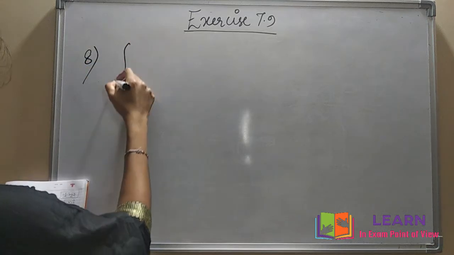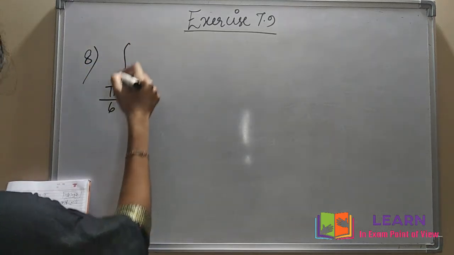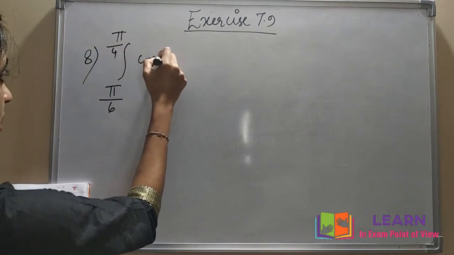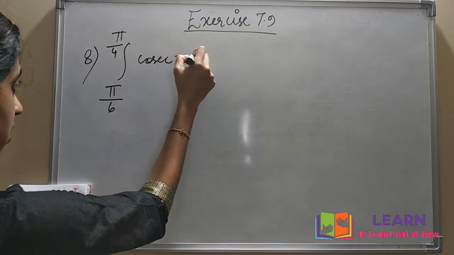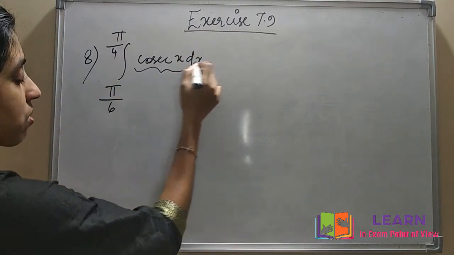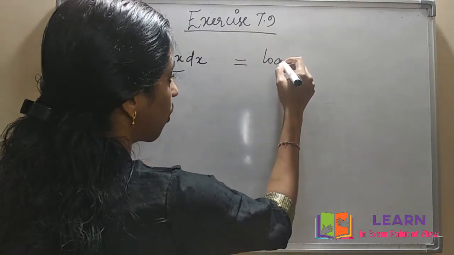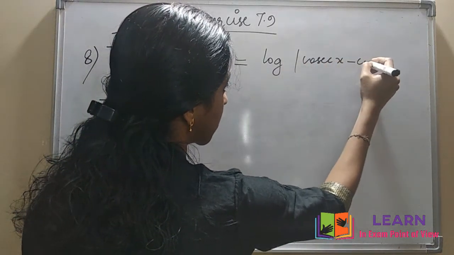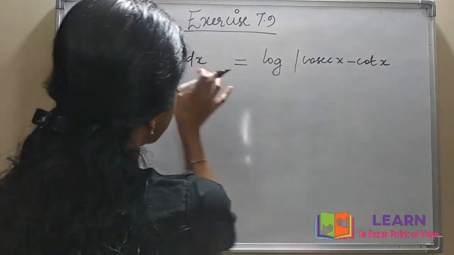Eighth question: integral pi by 6 to pi by 4 cosec x dx. This integration also we have studied. It is log mod cosec x minus cot x. This is the formula.